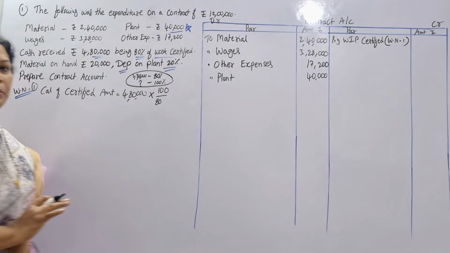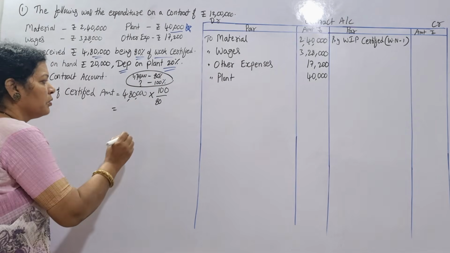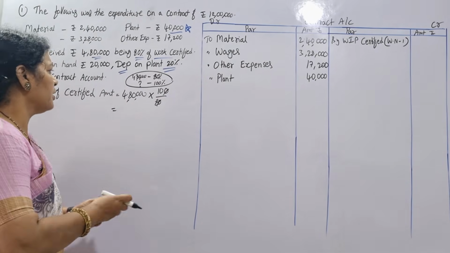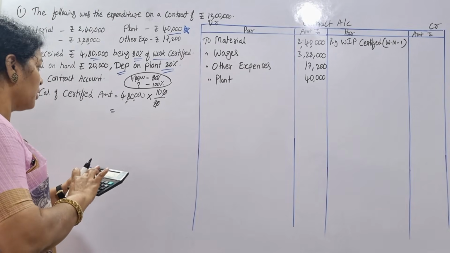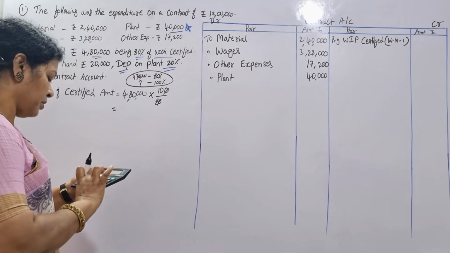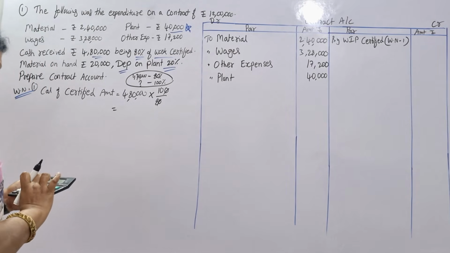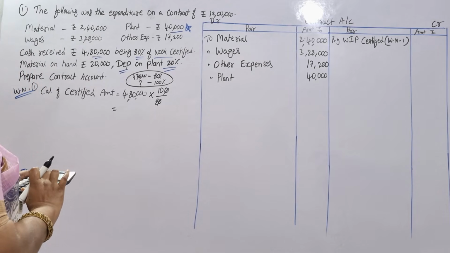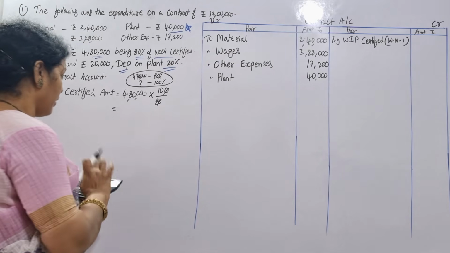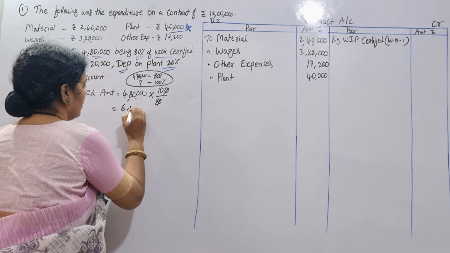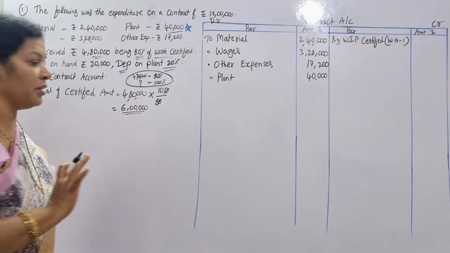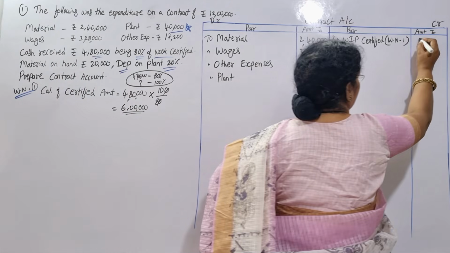If we do the calculation, 4,80,000 into 10 divided by 8, it comes to 6 lakh. So the certified work is 6 lakh, but we received 4,80,000 only.